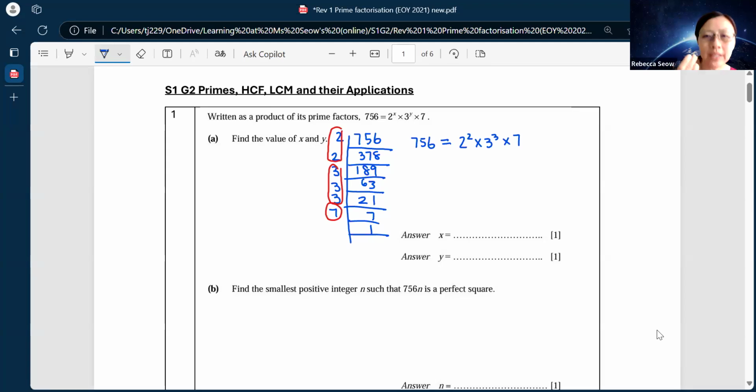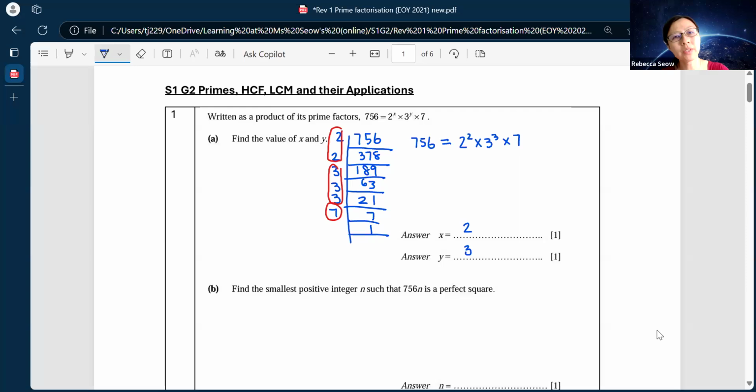So bring out your calculator and always press in the values that you have found in the prime factorized mode to see whether it multiplies to give you 756. So yes, and therefore x is equals to 2 and y is equals to 3.